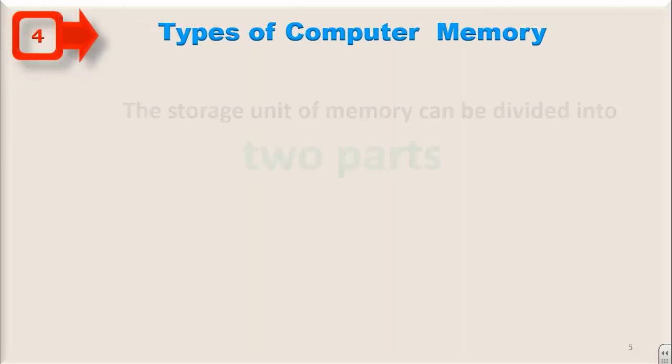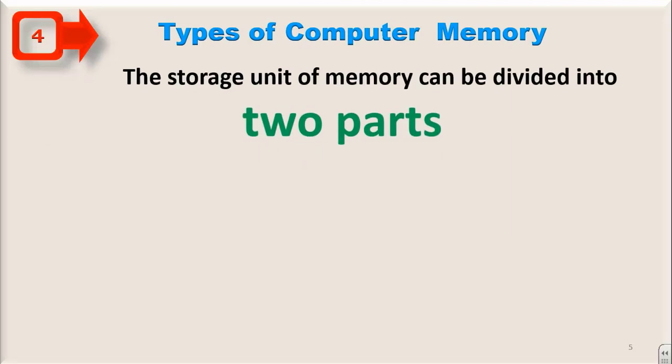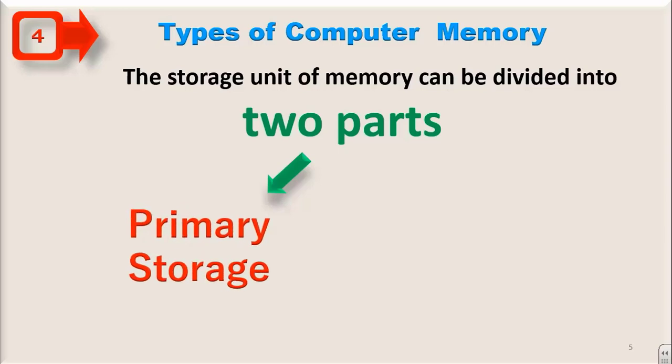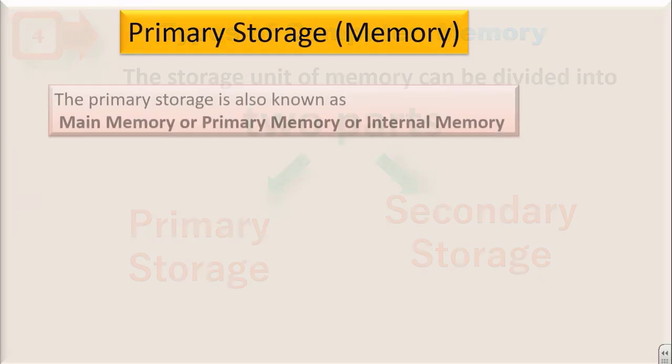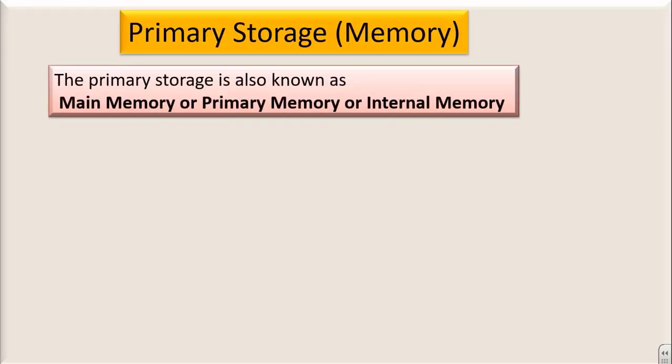Types of computer memory. The storage unit of memory can be divided into two parts. One is primary storage and the second part is secondary storage. The primary storage is also known as main memory of the computer, primary memory of the computer, or internal memory of the computer.